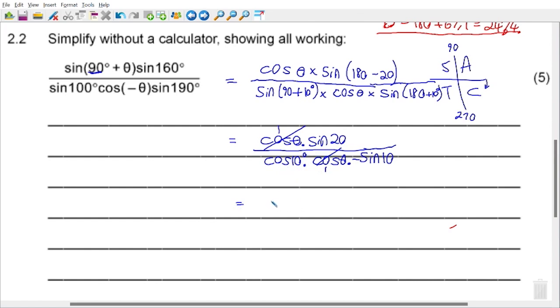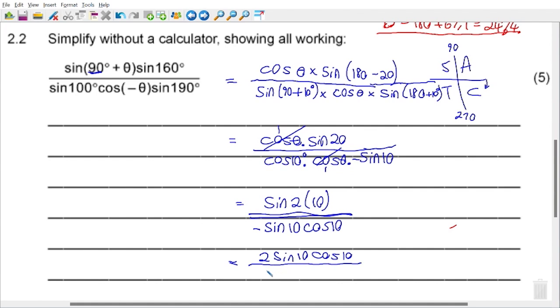20 is double 10. So what I'm going to do is write sine of 2 lots of 10, and I'm going to use my double angle formula. This is going to be over negative sine 10 cos 10. And remember, sine of two times 10 is actually 2 sine 10 cos 10. And on the denominator, I've got negative sine 10 cos 10.